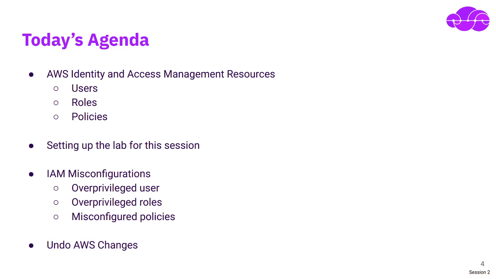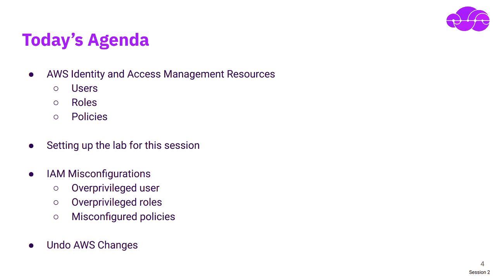We'll also set up the labs. There are two labs for this session. One is more ClickOps. You'll be using the AWS console to figure out your answers, and the other one is all command driven. Both the labs are going to be set up using the AWS CLI commands, right? Which is why you need to make sure that your Masterclass profile is set up properly on your system. We're going to look at overprivileged users, some roles, and a misconfigured policy as a lab, right?